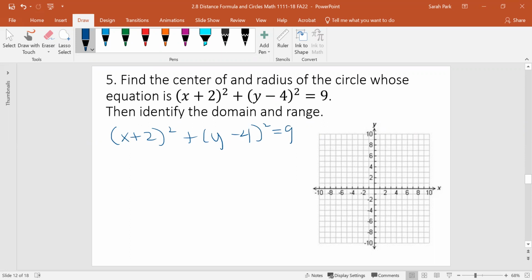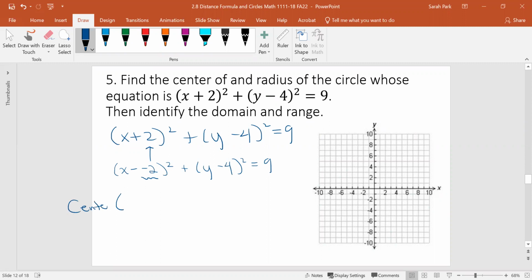The center: we can get the x value of the center by looking at this value. Remember, the formula was (x − h)². And so if we want to undo this plus sign, it would have been (x − (−2))² + (y − 4)², and that wouldn't change, equals 9. So you can see that h, or the x value of the center, is −2.